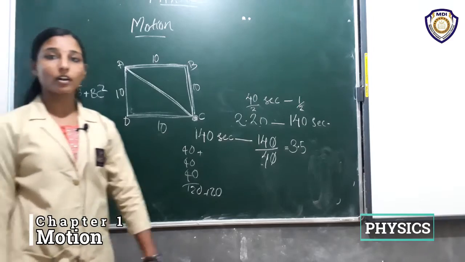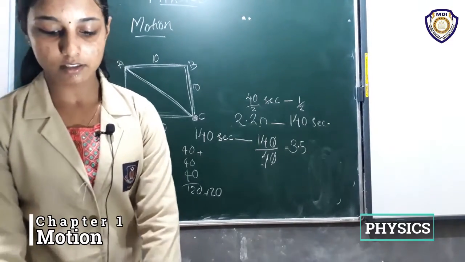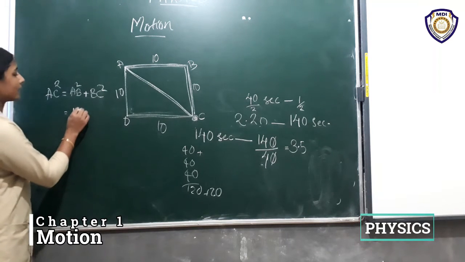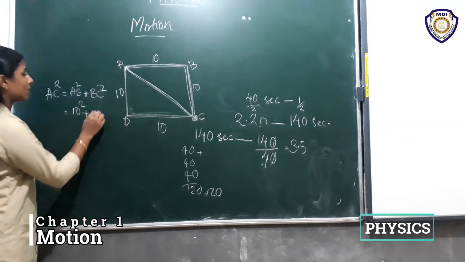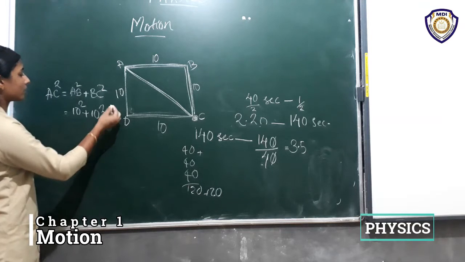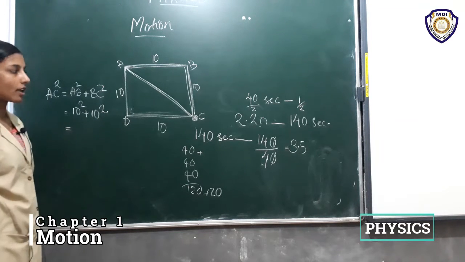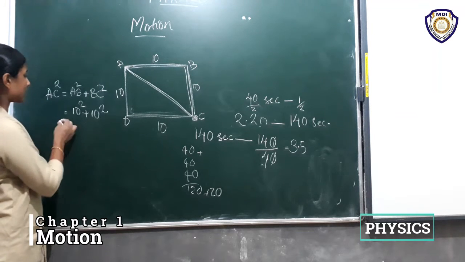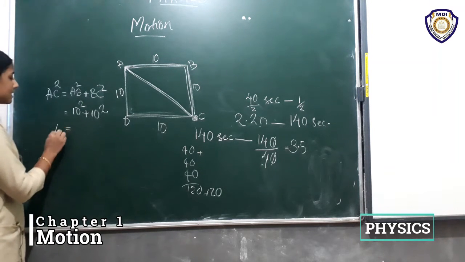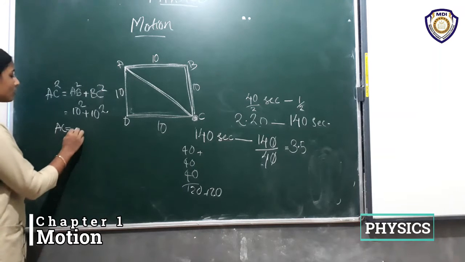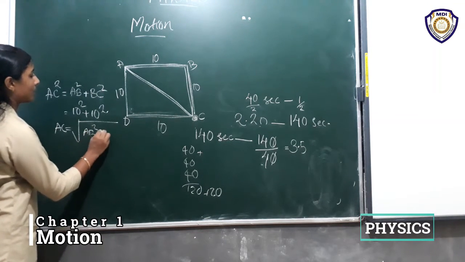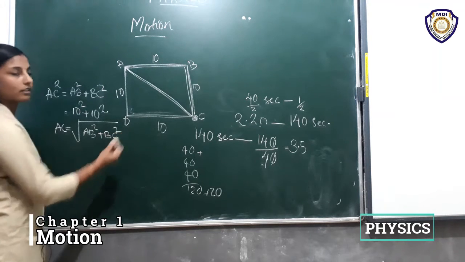This is what Pythagoras theorem tells. So AC square is 10 square plus 10 square, right? Or we can write AC is equal to root of AB square plus BC square, right?